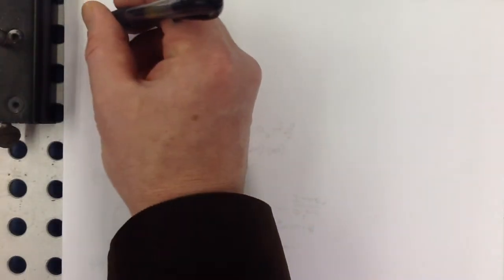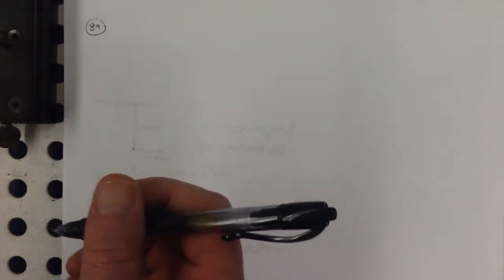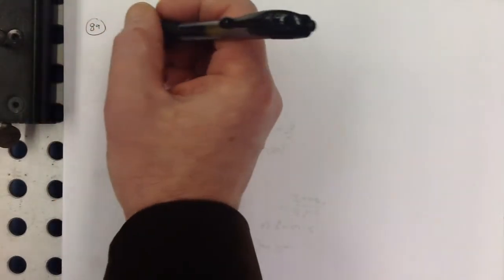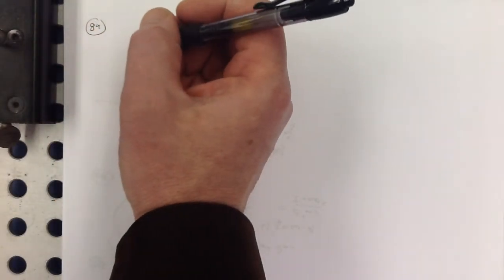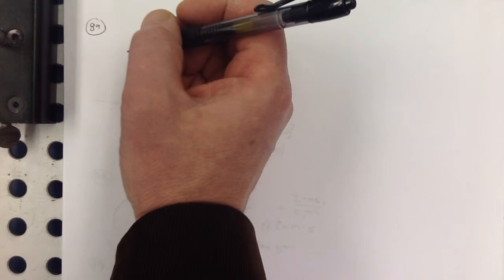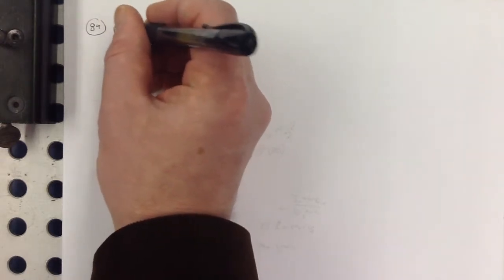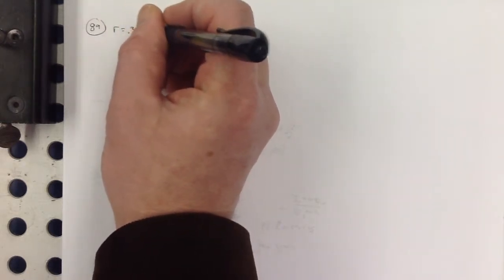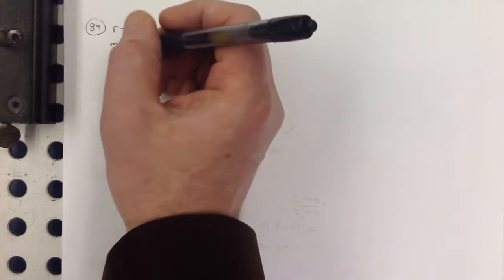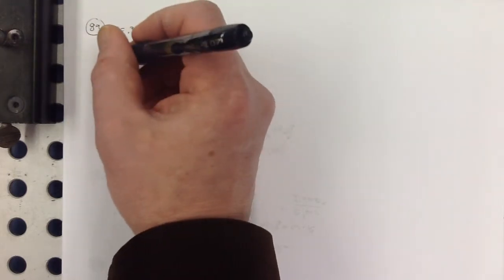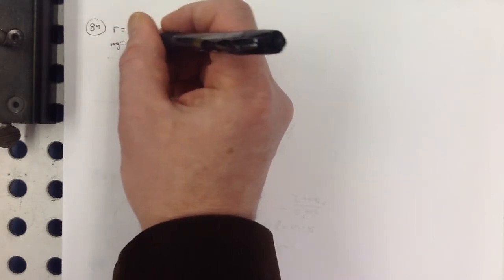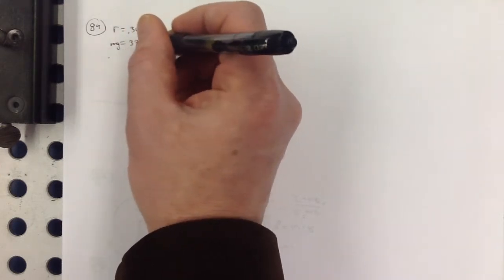We have, with axle and spokes of negligible mass and a thin rim, a certain bicycle wheel that has a radius of 0.35 meters and a weight, that's its mg, equal to 37 newtons.